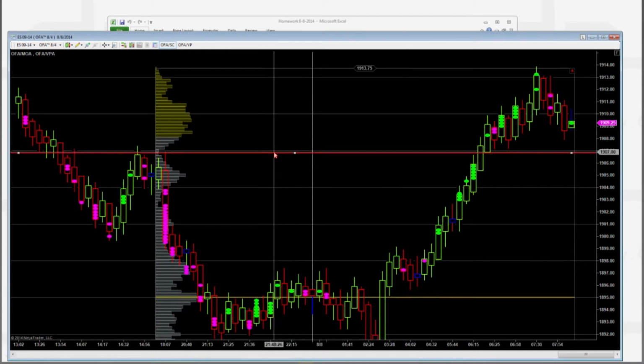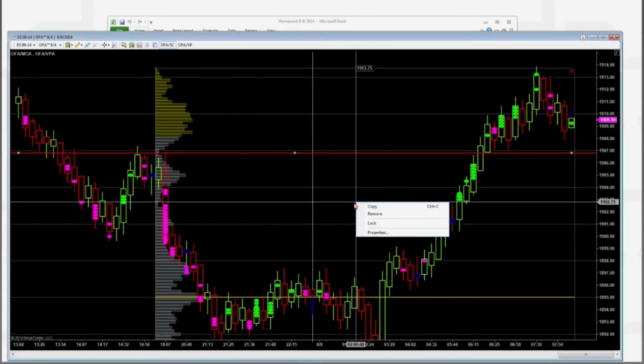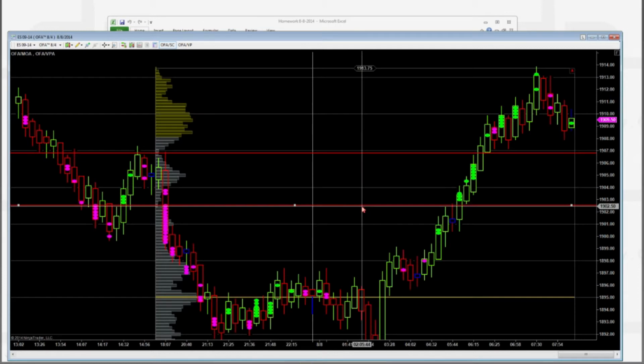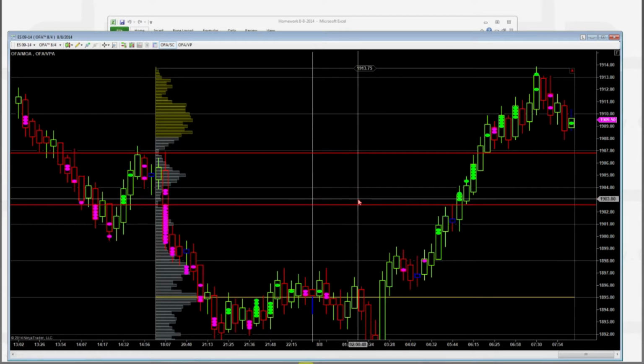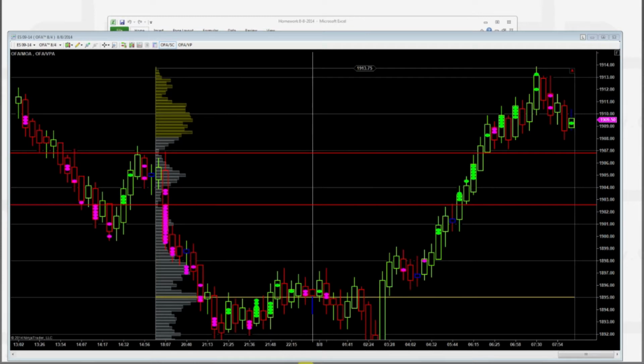As we look at our overnight, we have a very, very solid low volume area in the overnight here. And we have one down at 1902.50, which is pretty close to our composite high volume area, 1902.25.